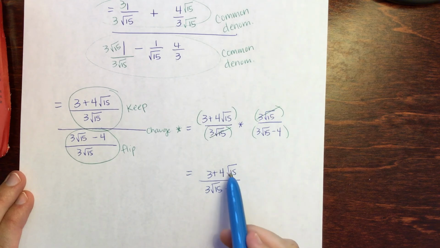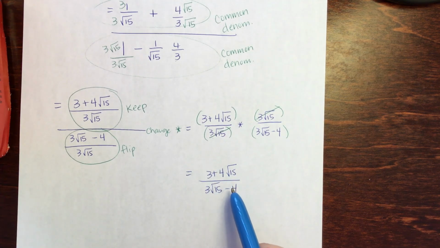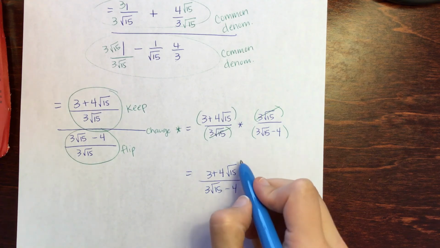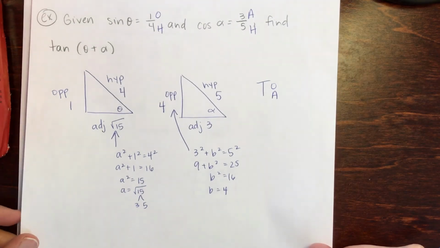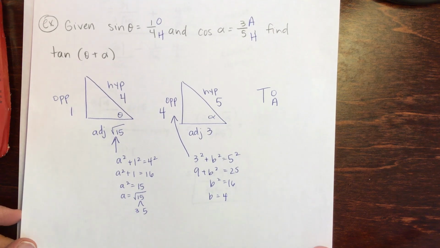And there's not any way for me to simplify this or factor anything out or even pull out a -1 or anything to simplify it even further. So this is my final answer. It looks really messy and not very helpful, but that is the algebra correct, exact, full answer for what is tan of theta plus alpha.